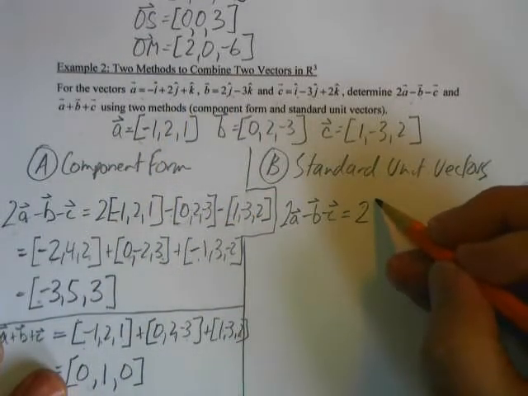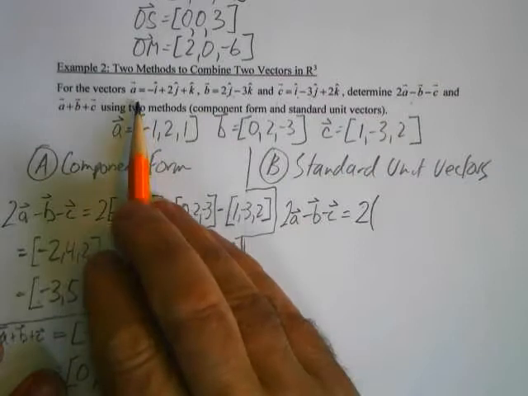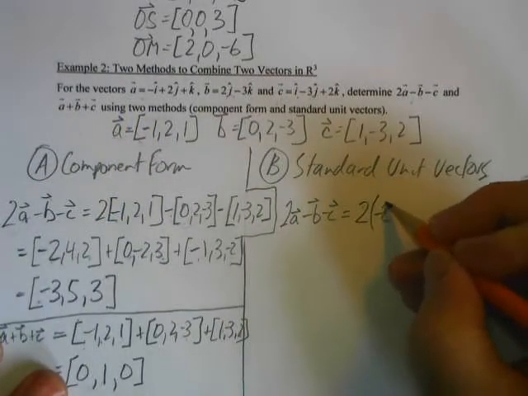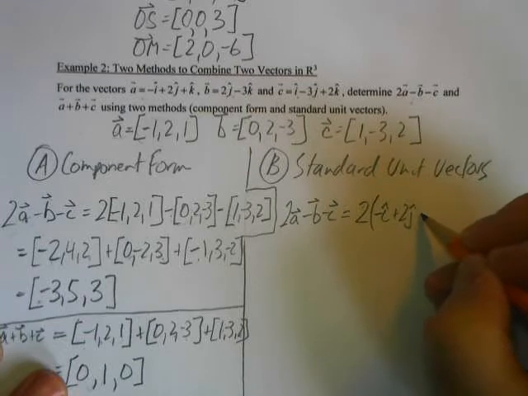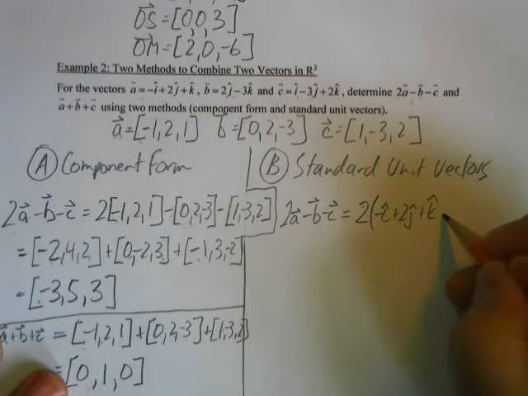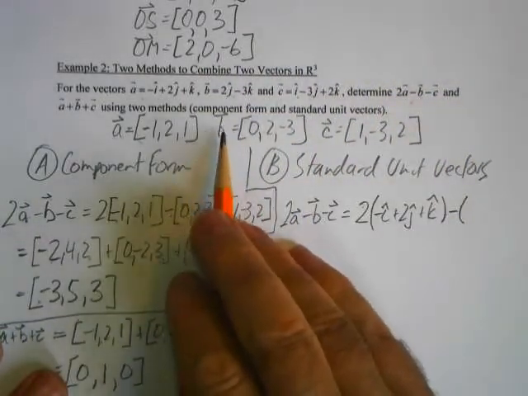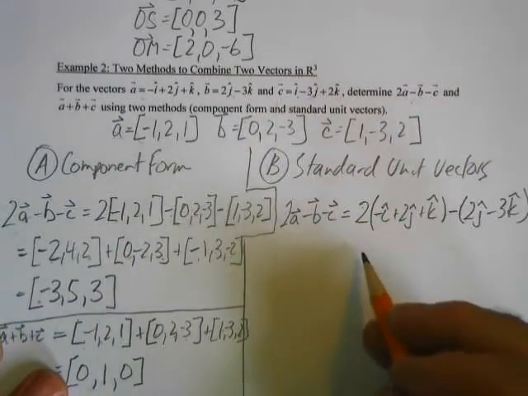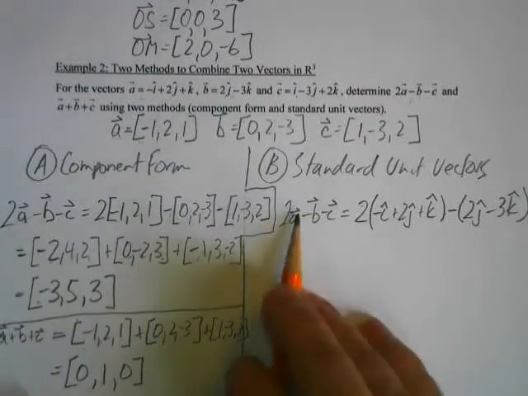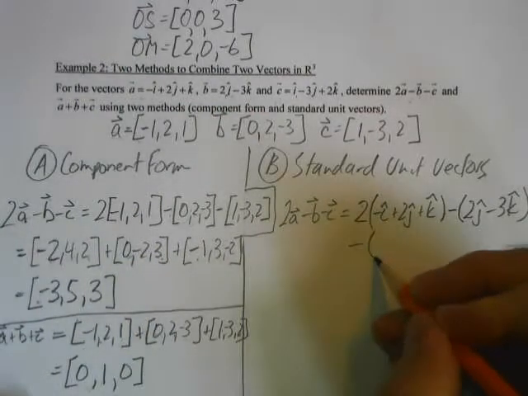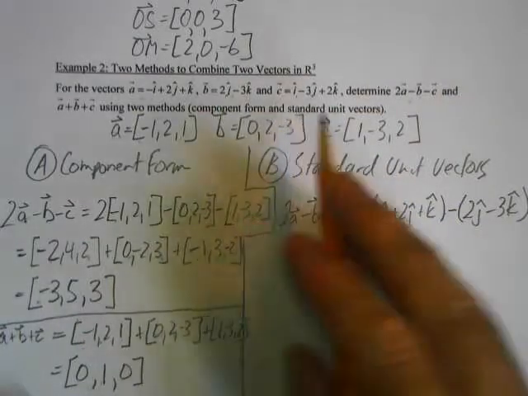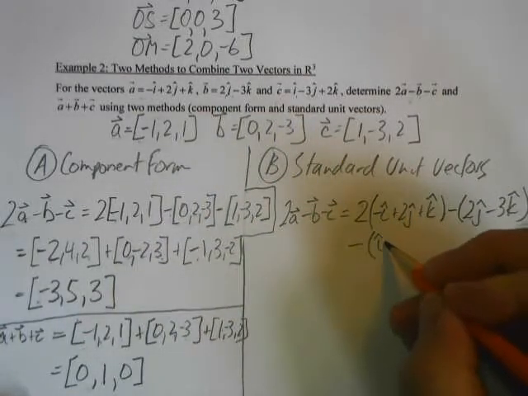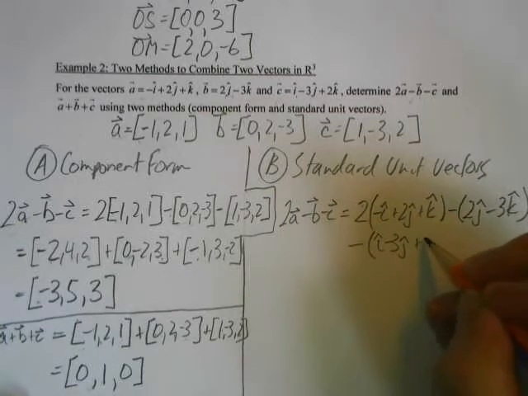So vector A, put it in brackets, negative i hat plus 2j hat plus k hat, and then minus vector B, which is 2j hat minus 3k hat, and then we'll add the last one on a new line. That would be minus vector c, so that's going to be in brackets i hat minus 3j hat plus 2k hat.